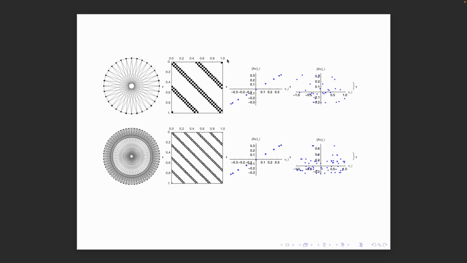And the idea is that you take a graph, compute its adjacency matrix, and then you look at the functions defined on the graph, which in this case are vectors, and you want their values to be between -1 and 1. You are going to multiply the matrix by a given vector, and then you're going to treat them both as random variables.